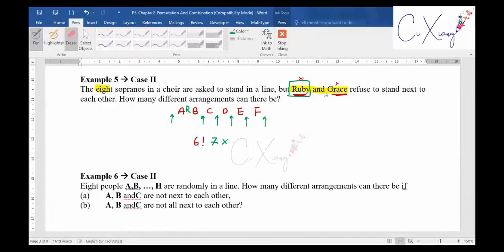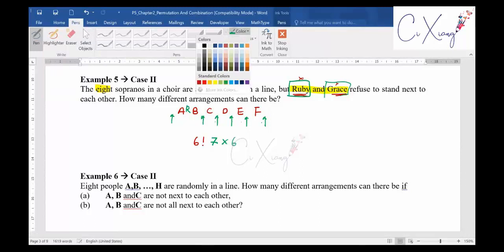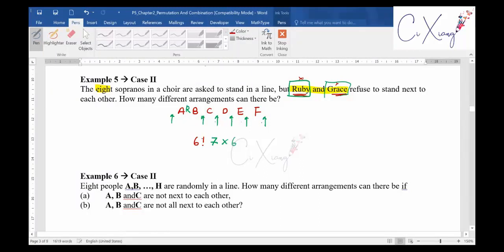Now you want to place Grace in the group. How many spaces are available for Grace? You can count also 1, 2, 3, 4, 5, 6. So you're having 6 for Grace. So 6 factorial multiplied with 7 times 6, then you will get 30240.